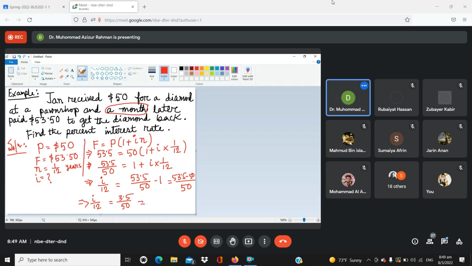So from there I equals 0.84. So our interest rate is 0.84, meaning 84%. This is the answer.